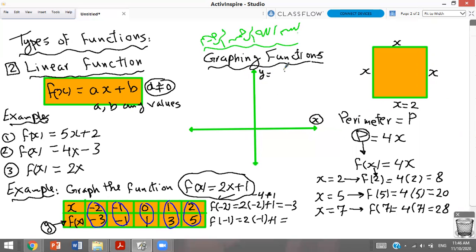And we said before, y means what? F of x. Now, write and draw. Show me your line. Quickly, please.